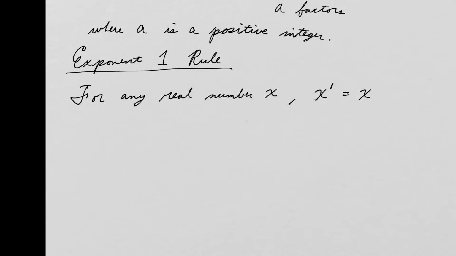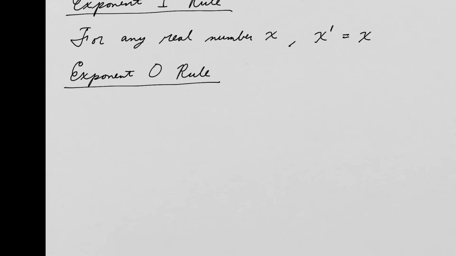Okay, there's a similar rule. It's called the exponent 0 rule. And what this says is for any non-zero real number x, so we have to restrict it.